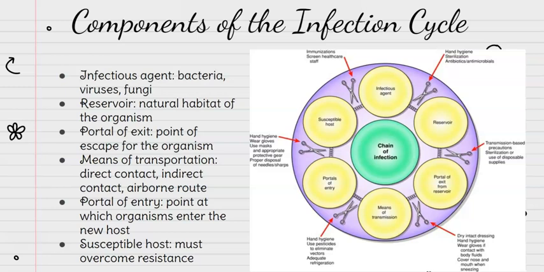Means of transmission are direct contact, indirect contact, vector, fomite, droplet, and airborne. Fomites are inanimate objects that can carry pathogens such as clothes, doorknobs, and things like that.